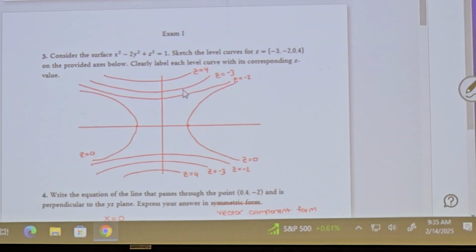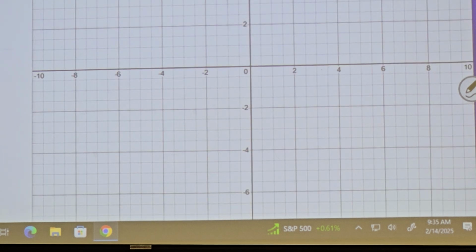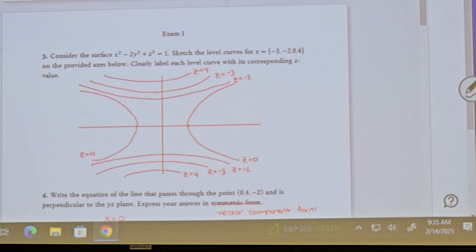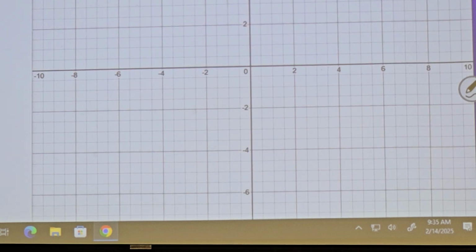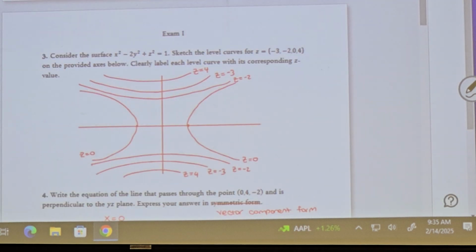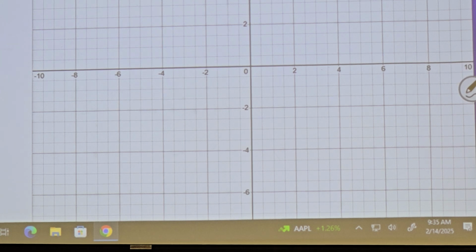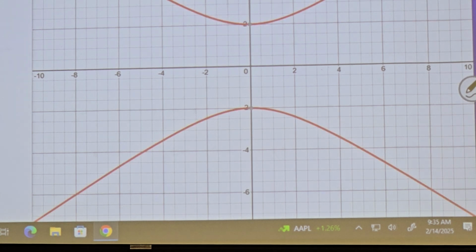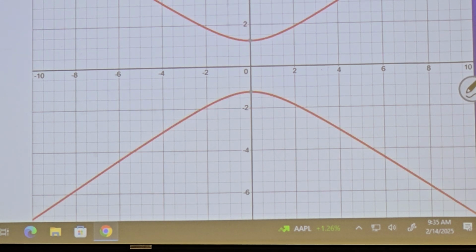So coming over here, I have x squared minus 2y squared plus z squared equals 1. And I'm going to sketch this for z equals -3, graph that. -2, graph that. Oh shoot. Okay.